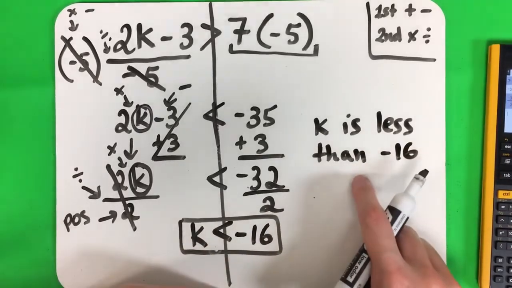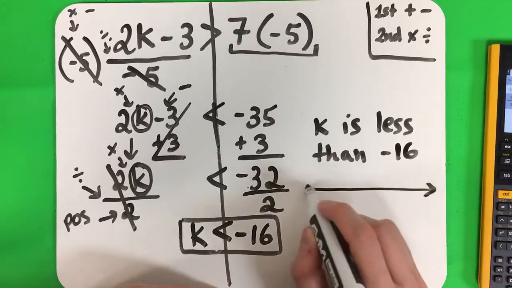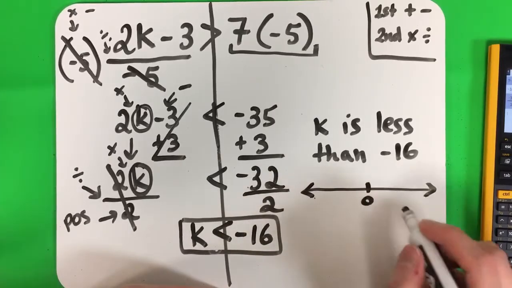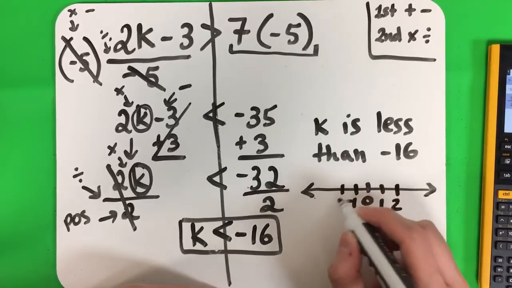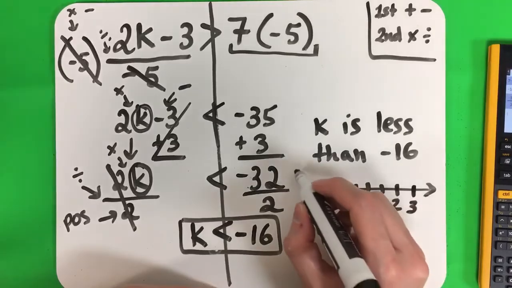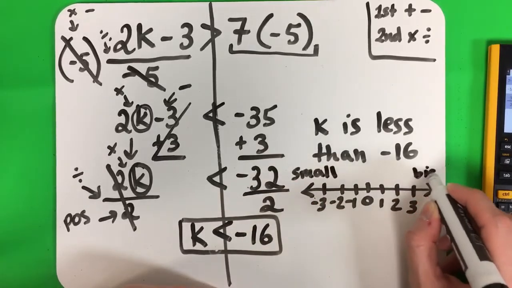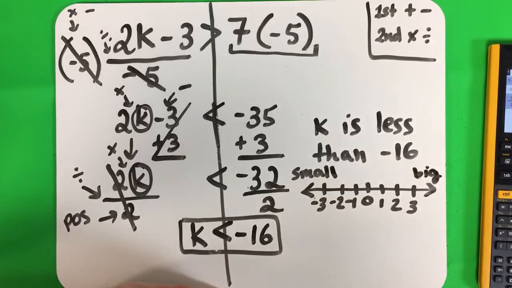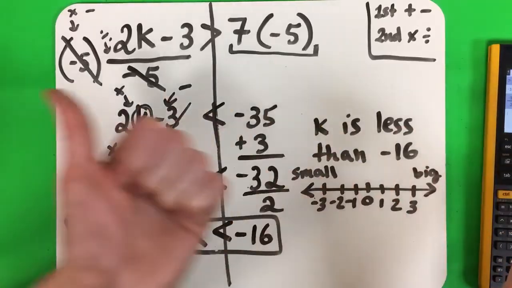Okay, now let me show you something. If you look at a number line, this is 0, you go 1, -1, 2, -2, 3, -3. The small are on the left and the big are on the right. Okay, so the smaller, you go to the left.